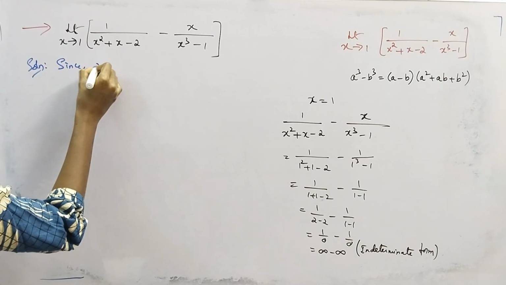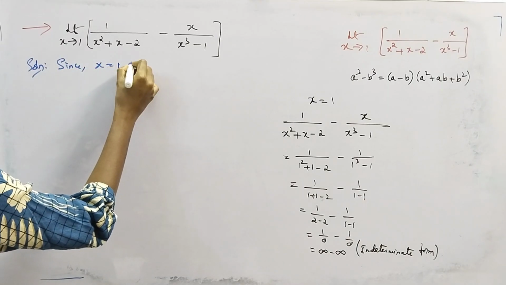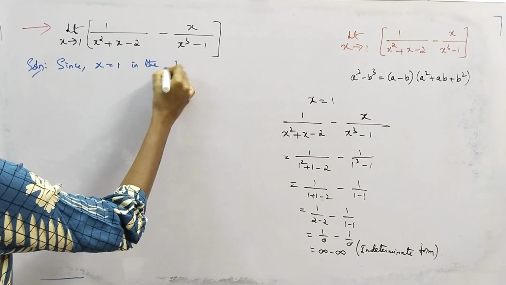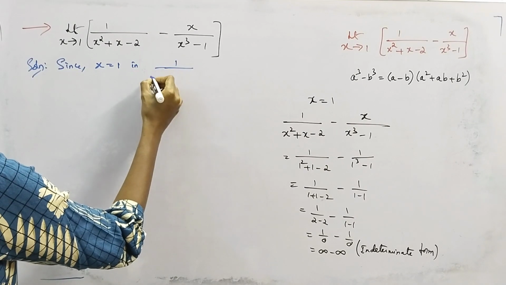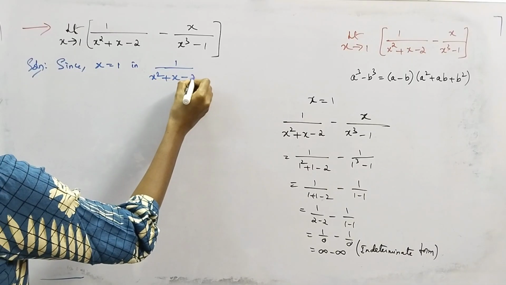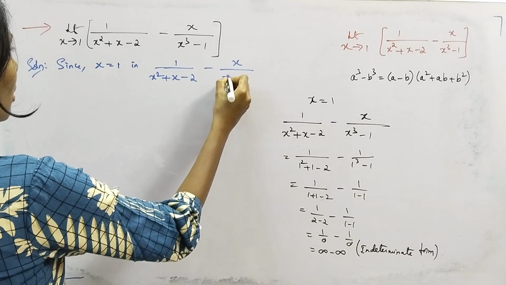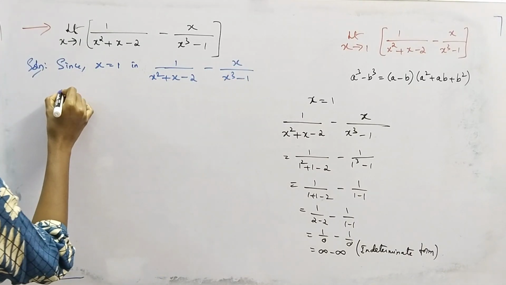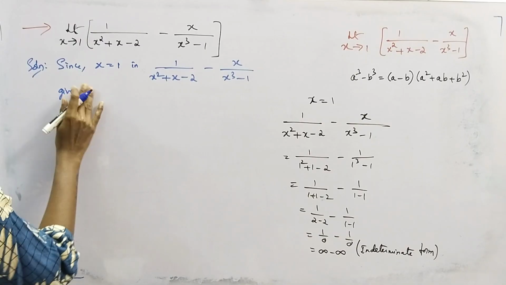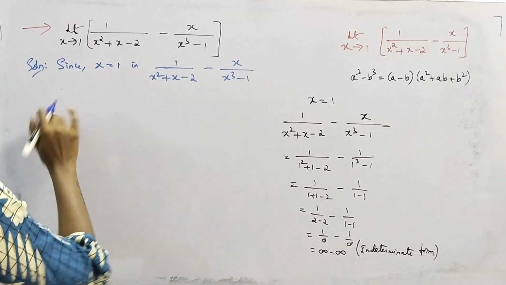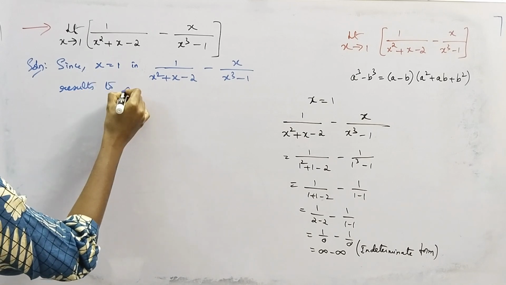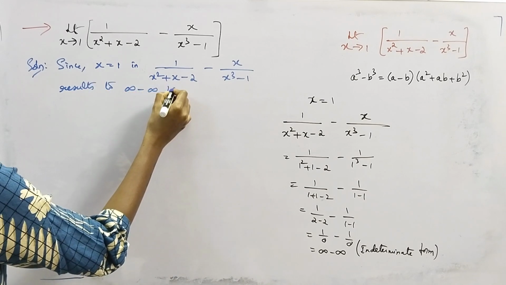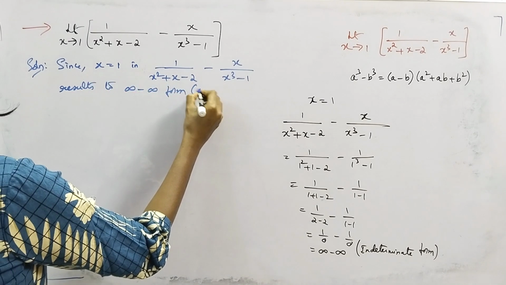Since x equal to 1, the expression 1 by (x square plus x minus 2) minus x by (x cube minus 1) results in the infinity minus infinity form, which is an indeterminate form, right?